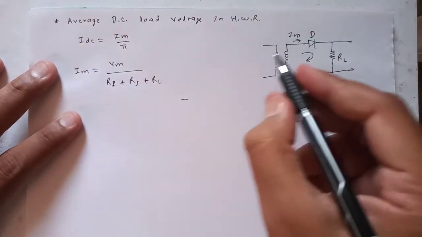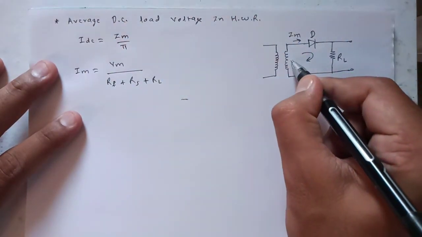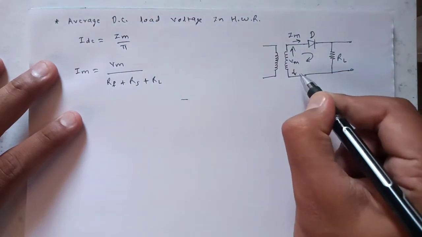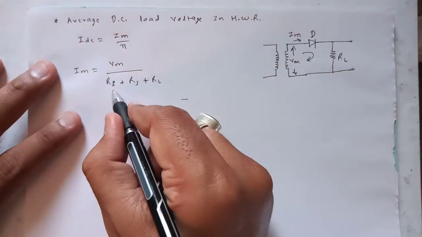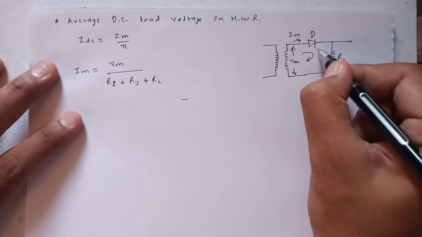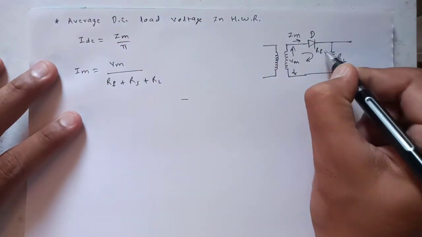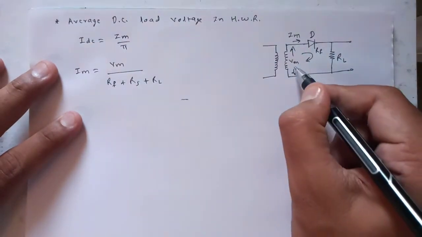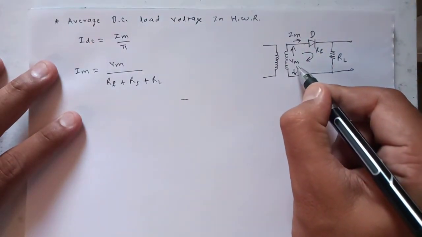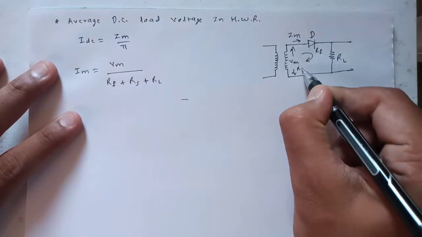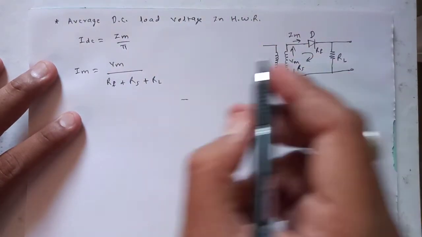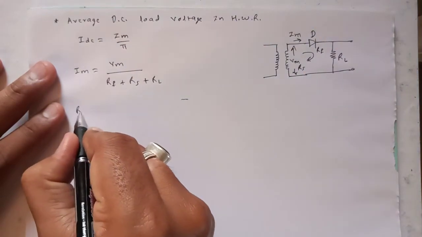Now what is Vm? Vm is nothing but the voltage which will appear across the secondary. What is Rf? Rf is the resistance of this diode, forward resistance. Rs is the resistance of the secondary winding. Here is the Rs we are having, and RL you all know. Once again, what is Rf?